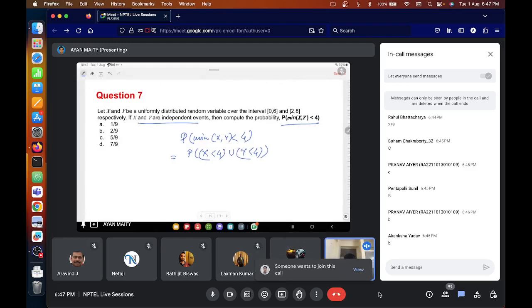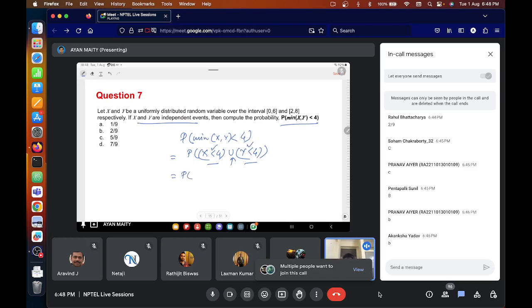If either one of these two variables is less than 4, then the minimum of x and y is less than 4. If x is less than 4, then the minimum of x and y is less than 4, or if y is less than 4, then the minimum of x and y is less than 4. So that's why we can use this union symbol between these two events. They are the two events, and we have to find out the probability of the union of those two events.